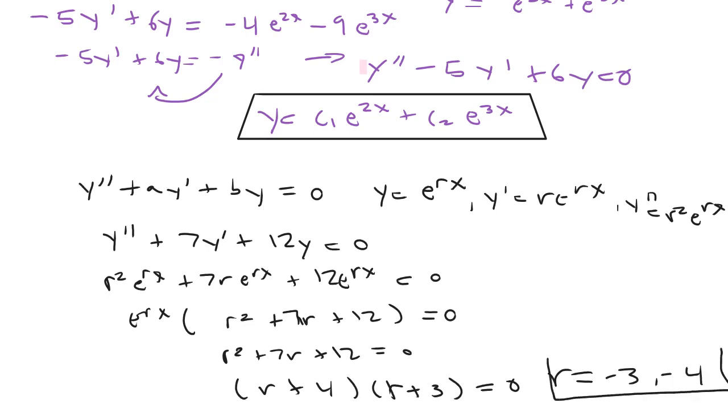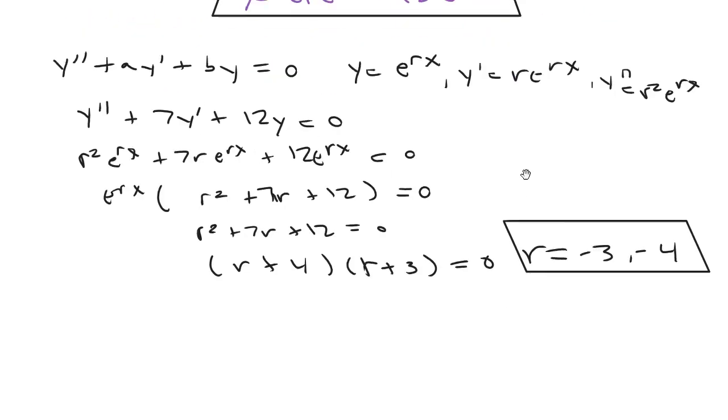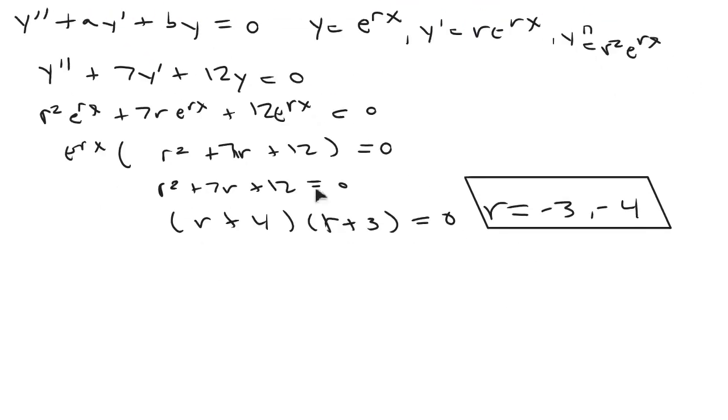But this would mean that r equals negative 3 and negative 4. So in this case, I have basically my solution, because it's telling me that the second-order differential equation has the solution set e to the negative 3x and e to the negative 4x as our independent solutions.